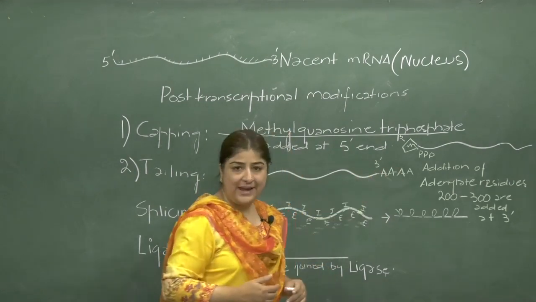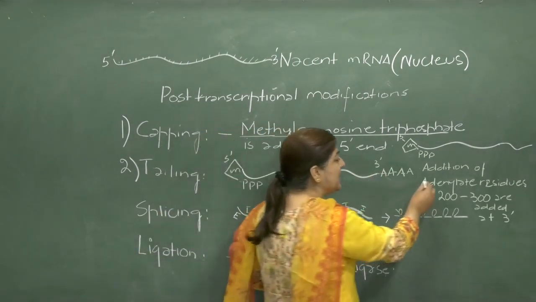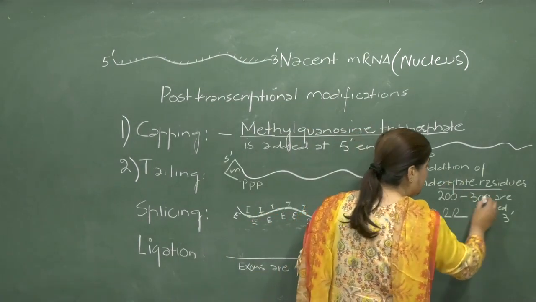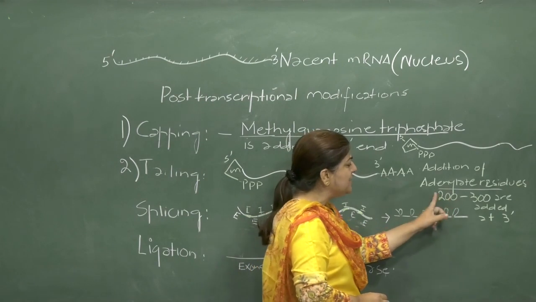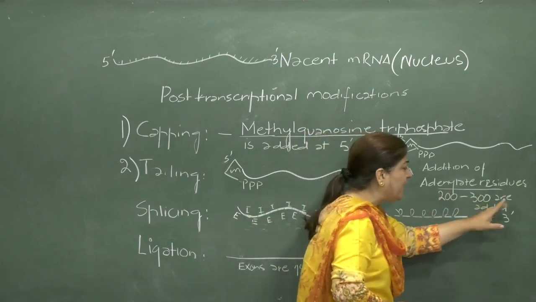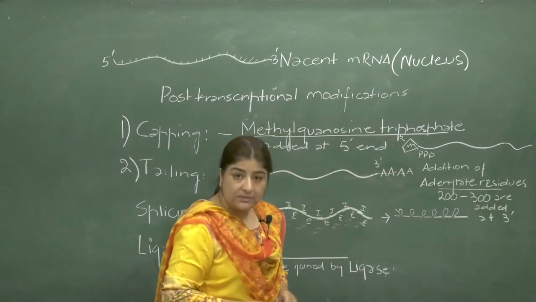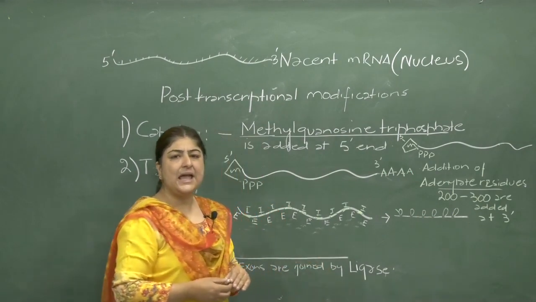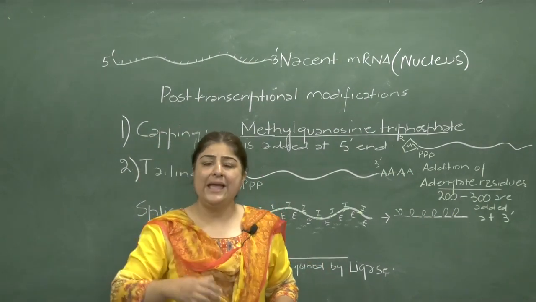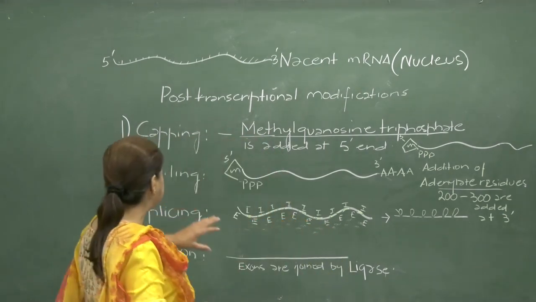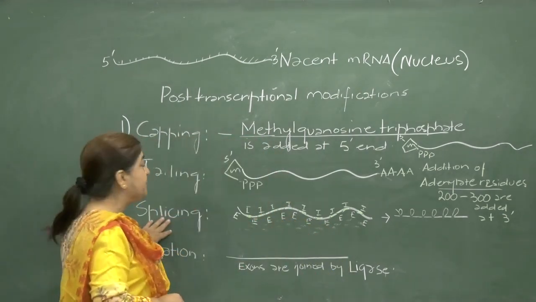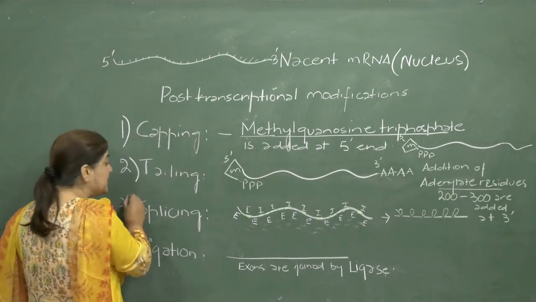So we say there is the addition of adenylate residues, usually 200 to 300, towards the 3' end, or we simply say in tailing a poly A tail is added towards the 3' end. After tailing, the third process is splicing.